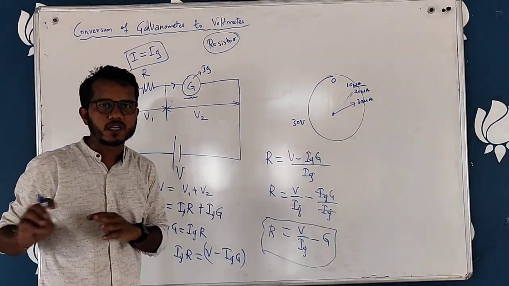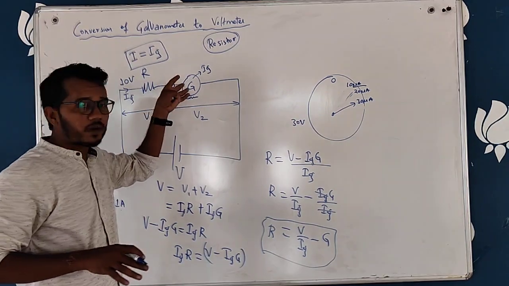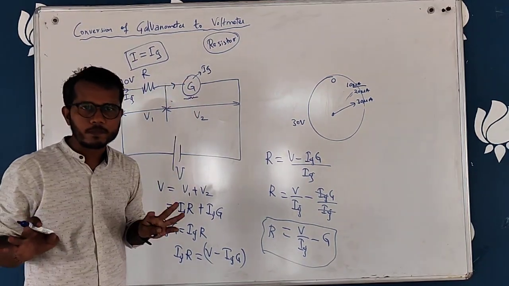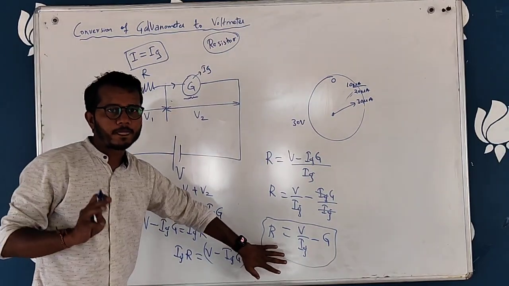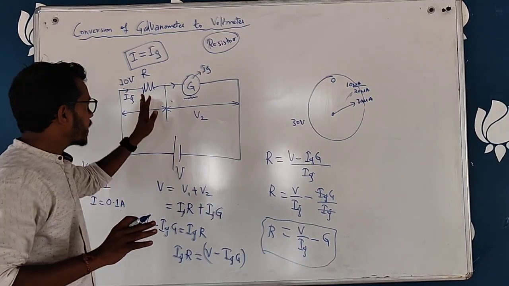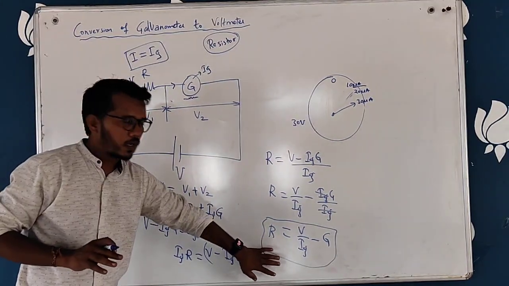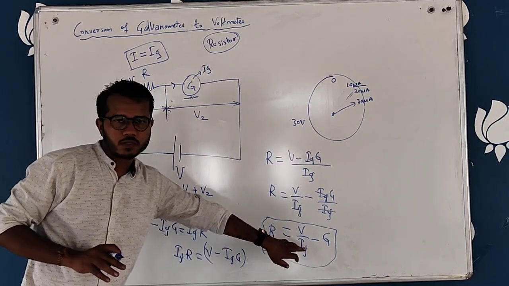Then our final work is done, and we can use our galvanometer as a voltmeter. So without memorizing this equation, by applying logic, we can easily derive this formula.